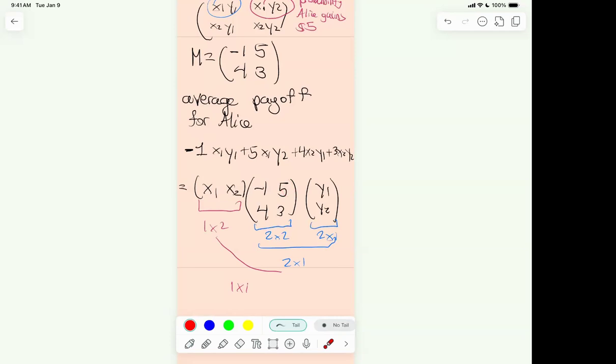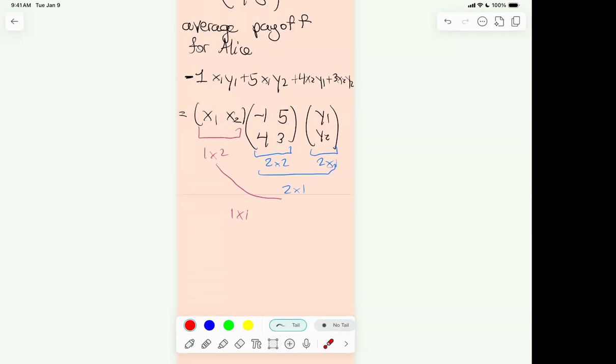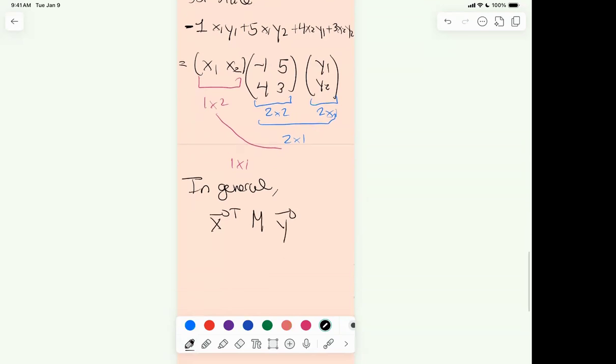So in general, X transpose times M times Y represents the average amount that Alice will win.